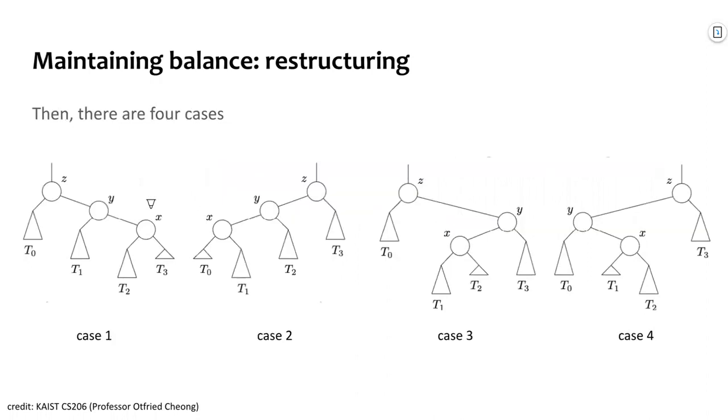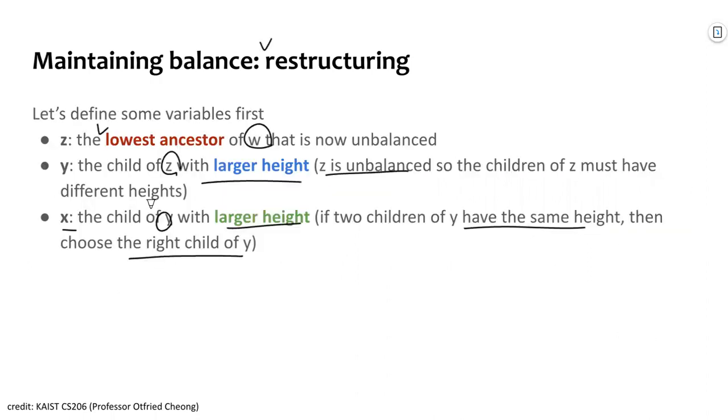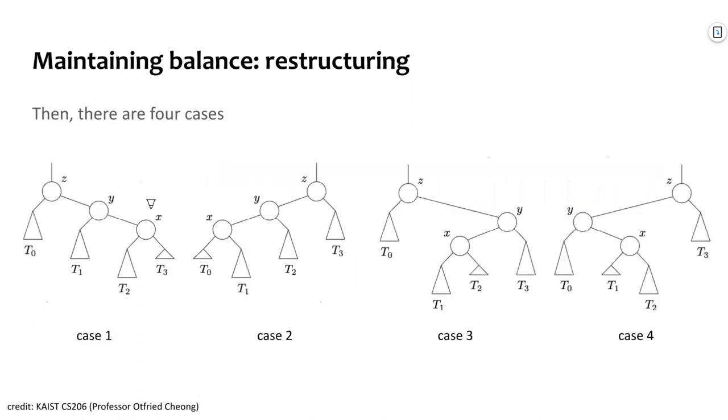So after we define these three variables, the imbalanced case can be divided into these four cases. So Z is the lowest ancestor of W that is unbalanced after some operation.